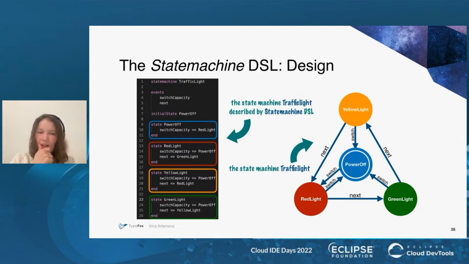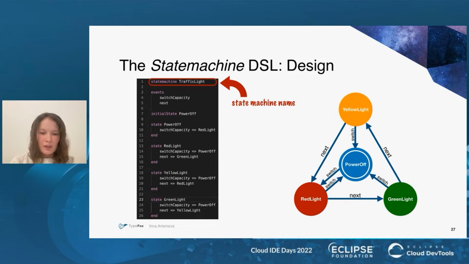The state machine DSL example that we see here is only an example. You can create your own state machine DSL that has other keywords and other syntax, whatever. But anyway, let's consider this proposed syntax more closely.